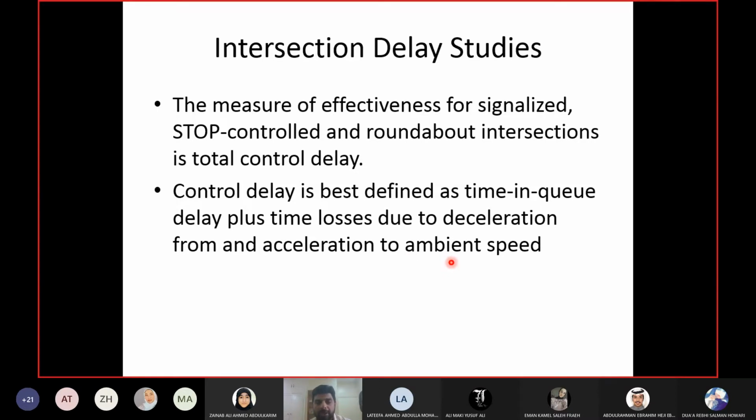Whenever we use the word ambient, it means something which is part of the environment, the surroundings. So you were coming at the normal speed of the road, you saw the queue and the control device, you decelerated, then you joined the queue, then the queue started to move, you left the queue, and you accelerated to go back to the normal speed.